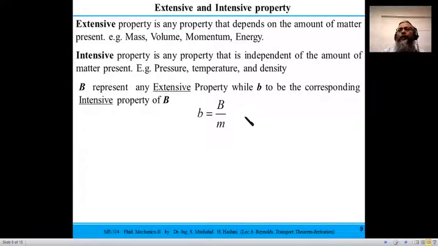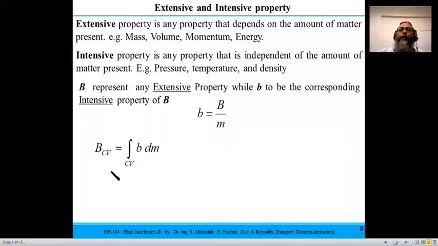If I say kilojoules per kilogram, using a small letter u to represent internal energy, then internal energy becomes an intensive quantity. Conversely, if you have an intensive quantity and multiply it with the mass, you get its corresponding extensive quantity.